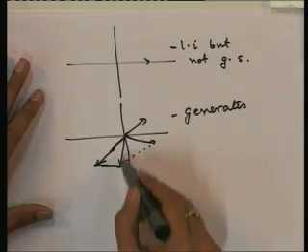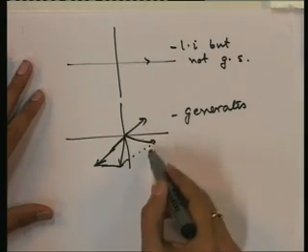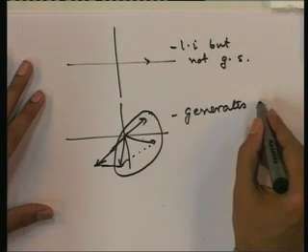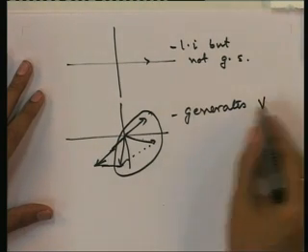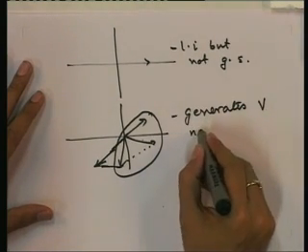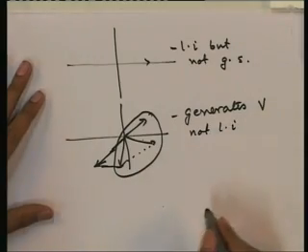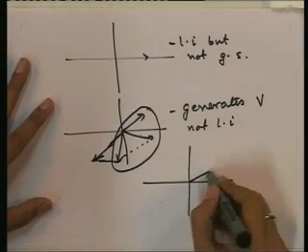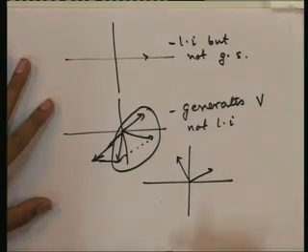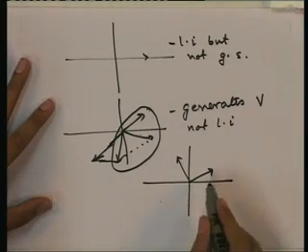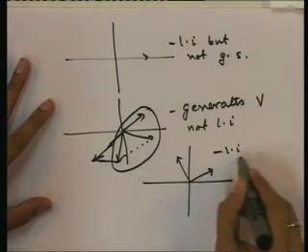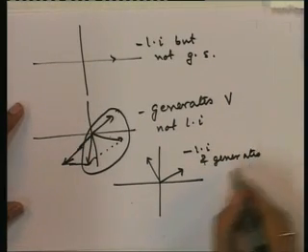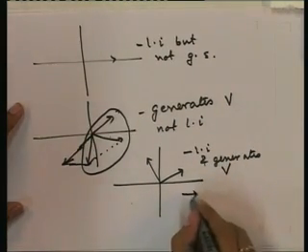So this vector is a linear combination of these two vectors, so this set of vectors is not linearly independent. So this generates V, but it's not linearly independent. Whereas if we take just these two vectors, then these two are linearly independent and it generates V. So this is a basis.